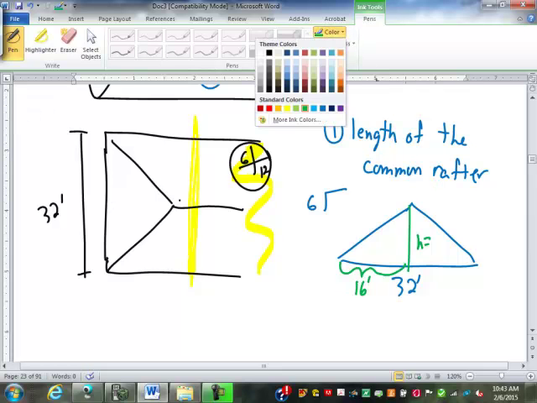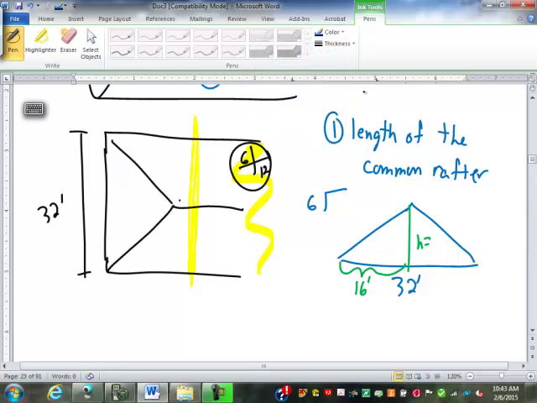To find the height, we have a slope of 6 over 12 equals h over 16. So now with just like any other proportion, if we cross multiply and divide, 6 times 16 is 96, divided by 12 is 8. So we have a height here of 8 feet.